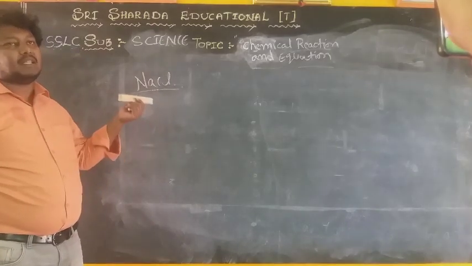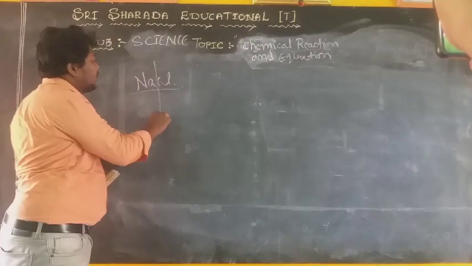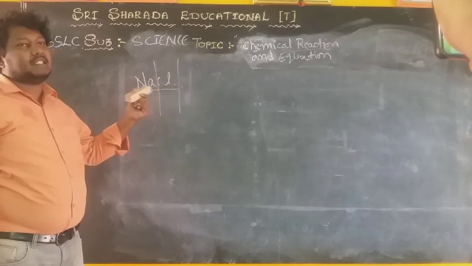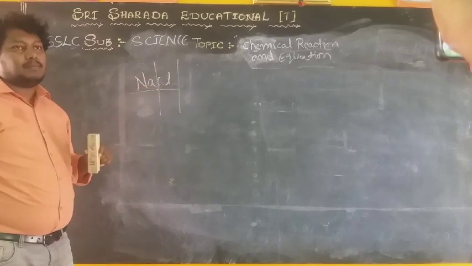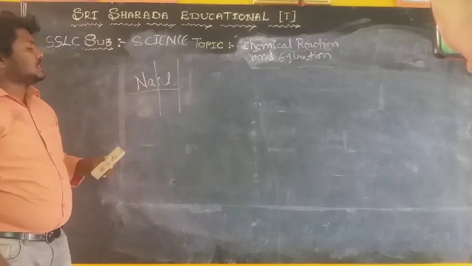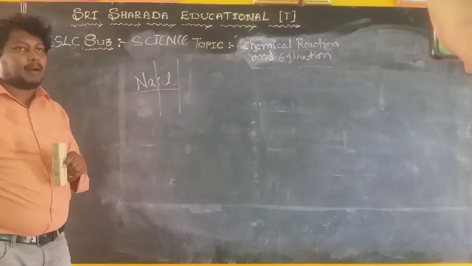It is made up of the combining of two elements, sodium and chlorine. Due to the chemical reaction, it forms sodium chloride. This sodium chloride is manufactured naturally, and we can also prepare it in the laboratory.